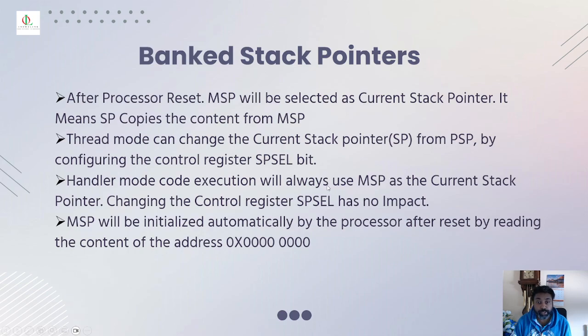Handler mode code execution will always use MSP as the current stack pointer. Changing the control register SP select has no impact in handler mode, because by default it uses MSP. Whatever you change in the control register won't impact MSP. That's what this point says.